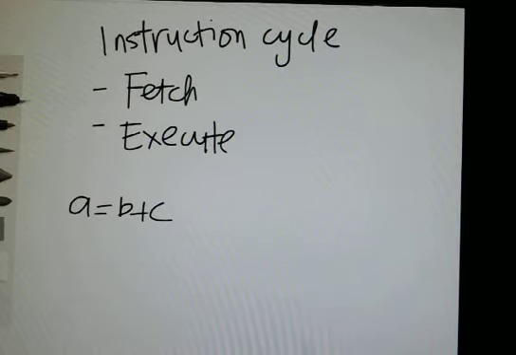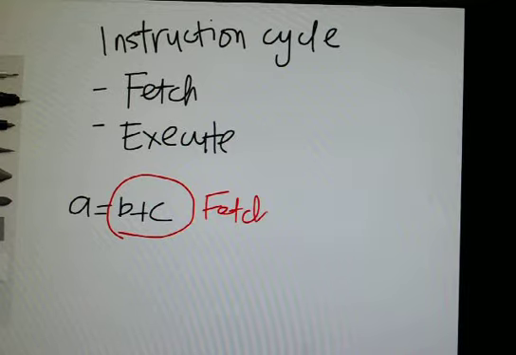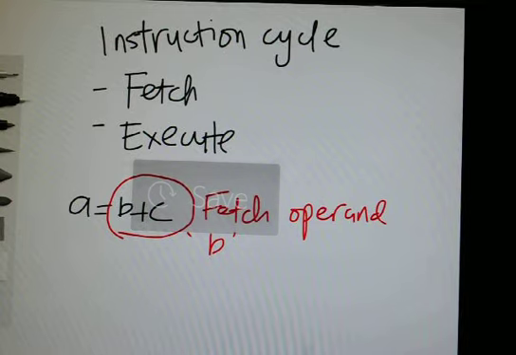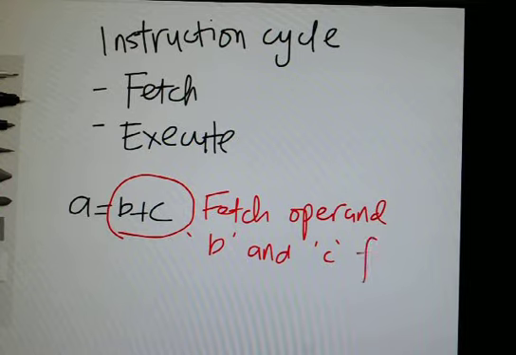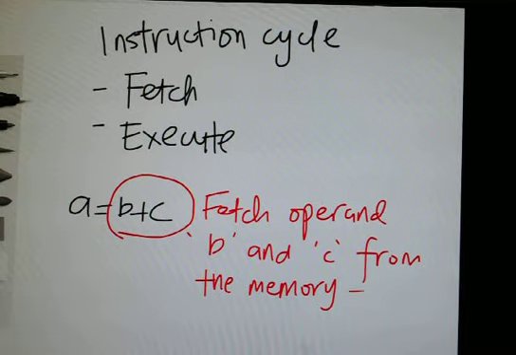Jadi in this case, a equal to b plus c, the fetch cycle will fetch both operands b and c from the memory and send them to the CPU.